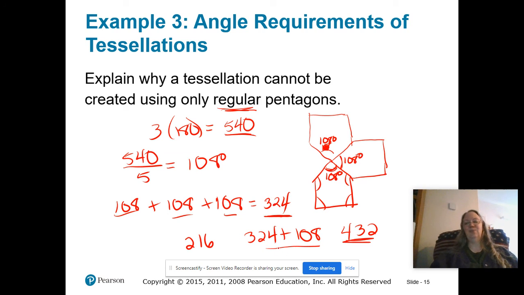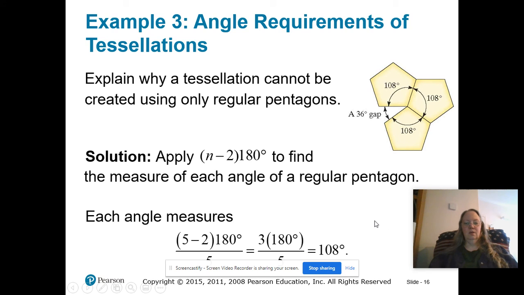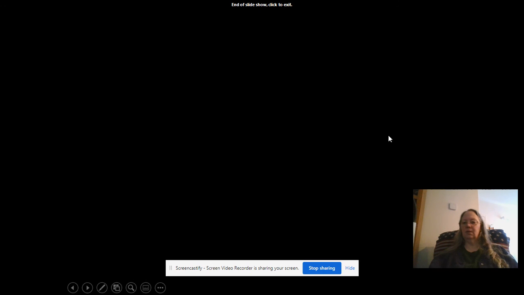I need exactly 360 degrees. Since it's impossible to get exactly 360 degrees, a tessellation cannot be created using only regular pentagons.